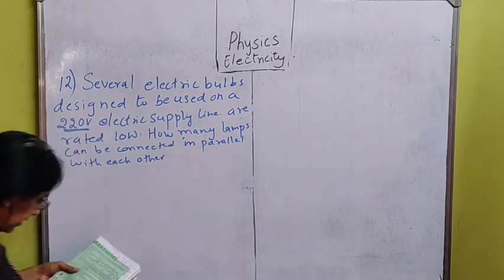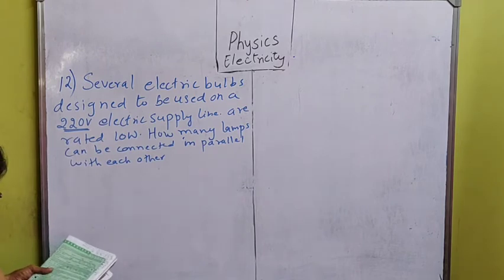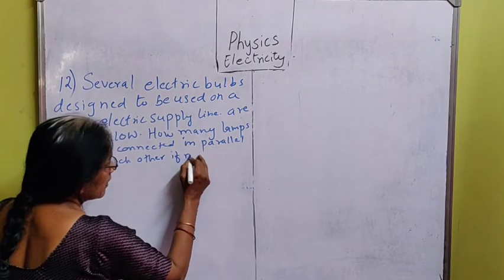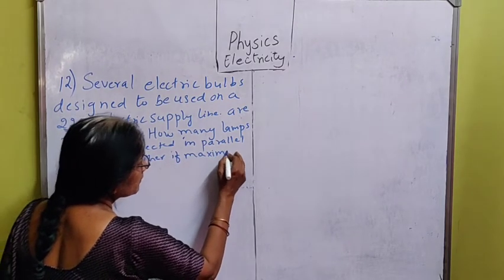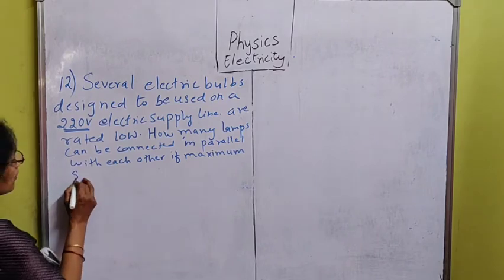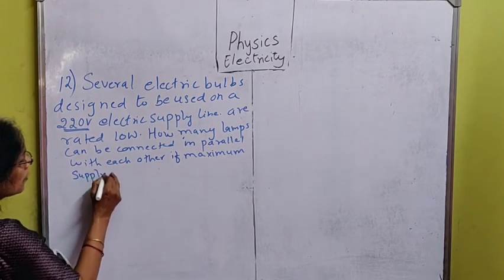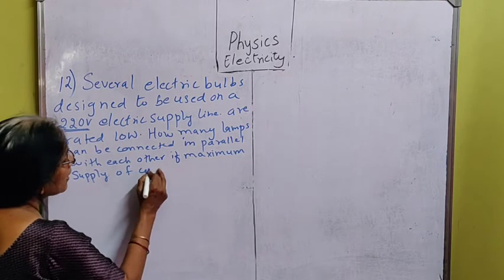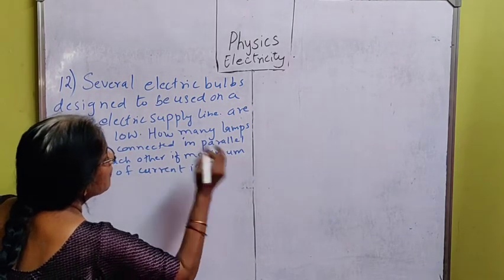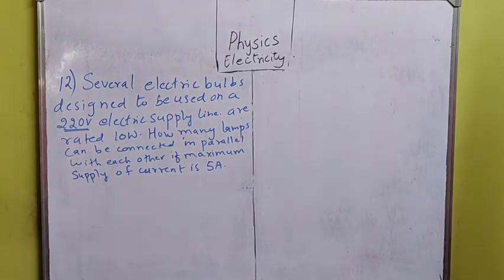if the maximum supply of current is 5 ampere. So here also the same as what we did in the previous sum.